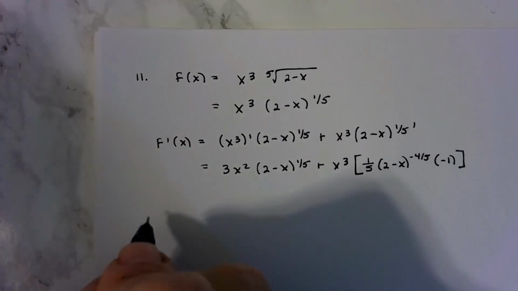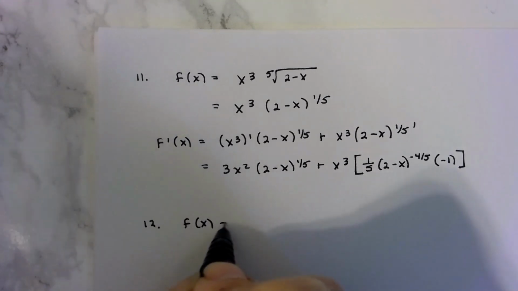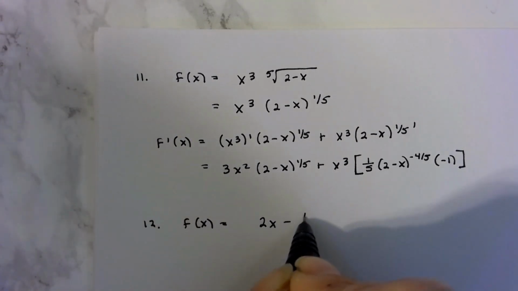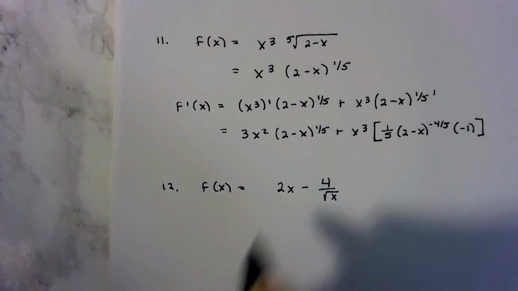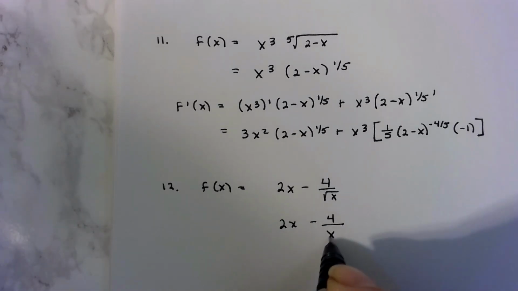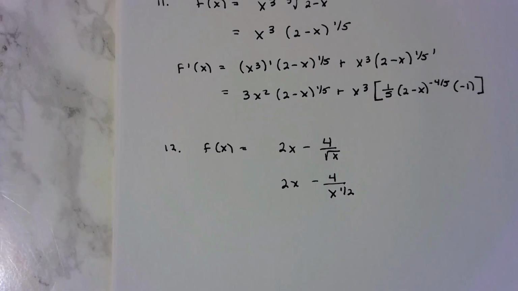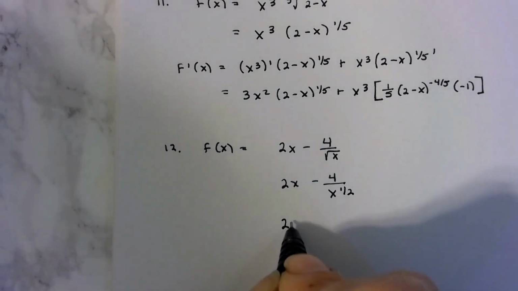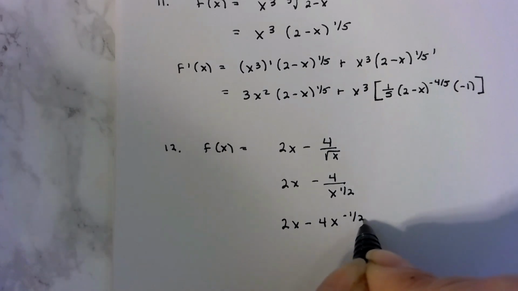12. F of x equals 2x minus 4 over root x. And again, you can write that as 2x minus 4 over x to the 1/2. And to make life even better, rather than using the quotient rule, you could write this as 2x minus 4 times x to the negative 1/2 and use the power rule.